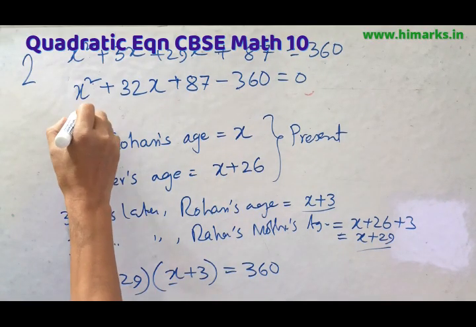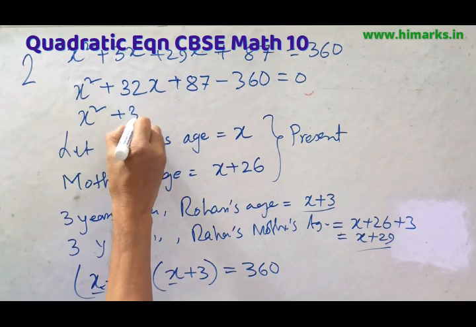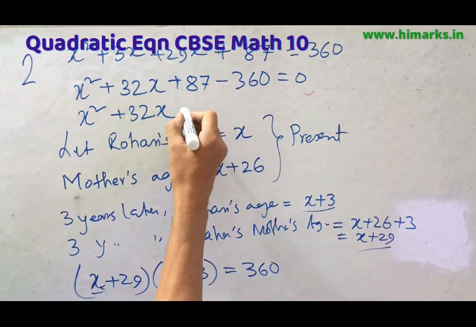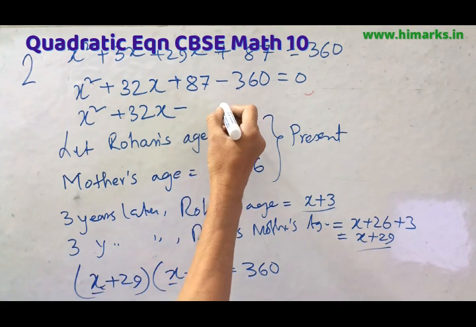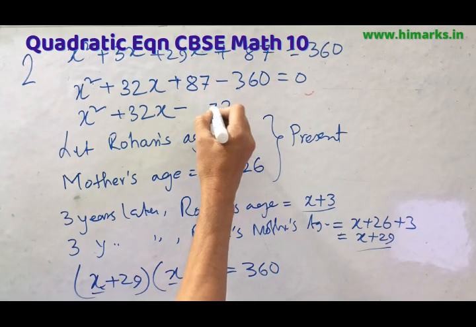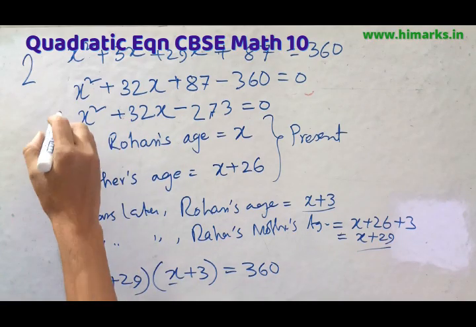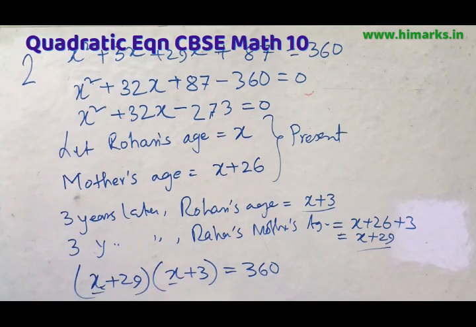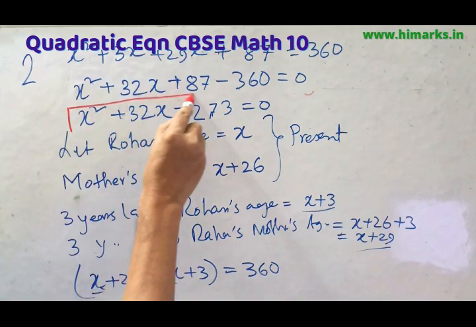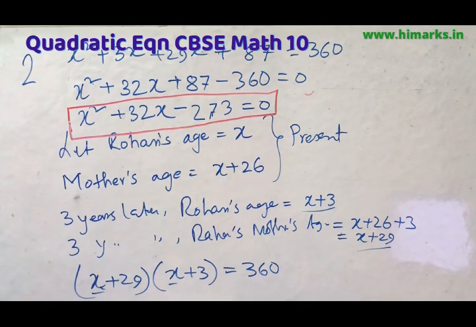So it will be x square plus 32x, and this 87 minus 360 gives minus 273. This is our equation. This equation we need to solve to get Rohan's current age, which is x.